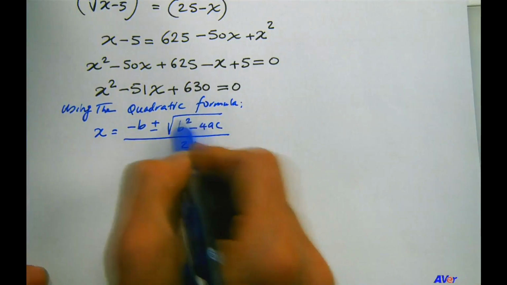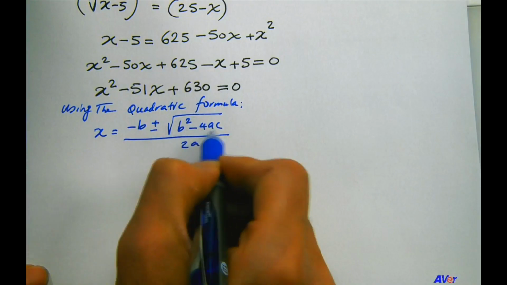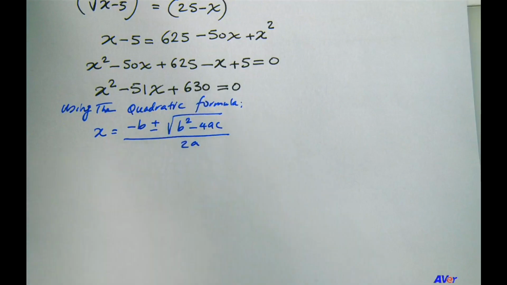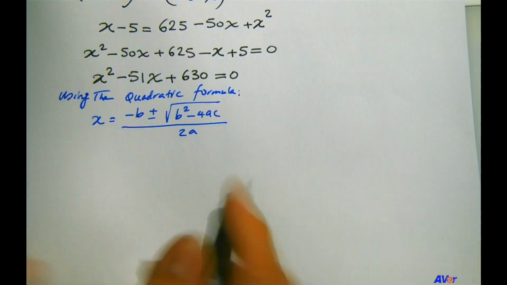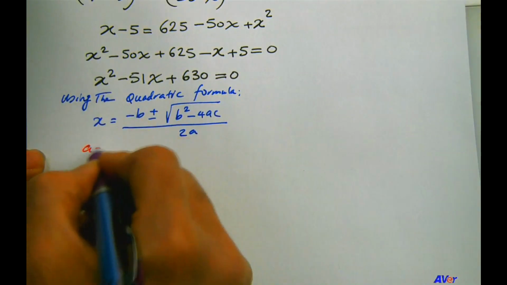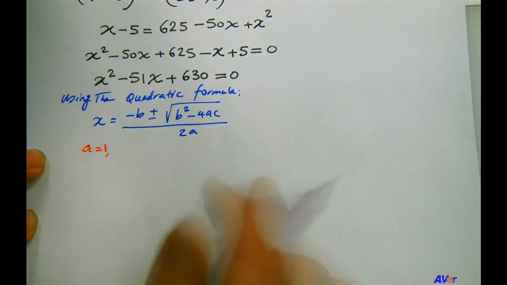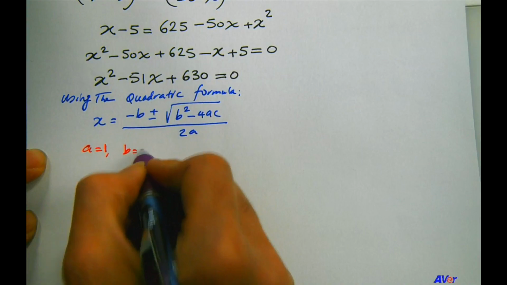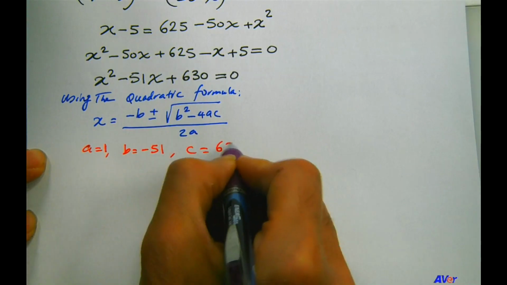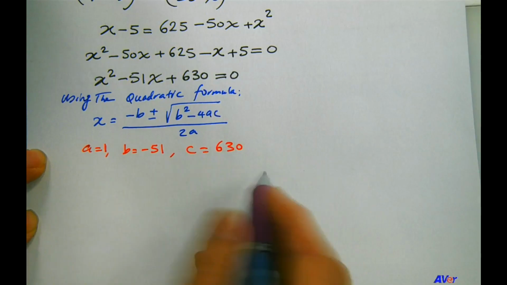This b squared minus 4ac inside is called the discriminant, right? And we talked about the properties on the front page. So here a is 1, b is negative 51, and c is equal to 630. So let's plug in.